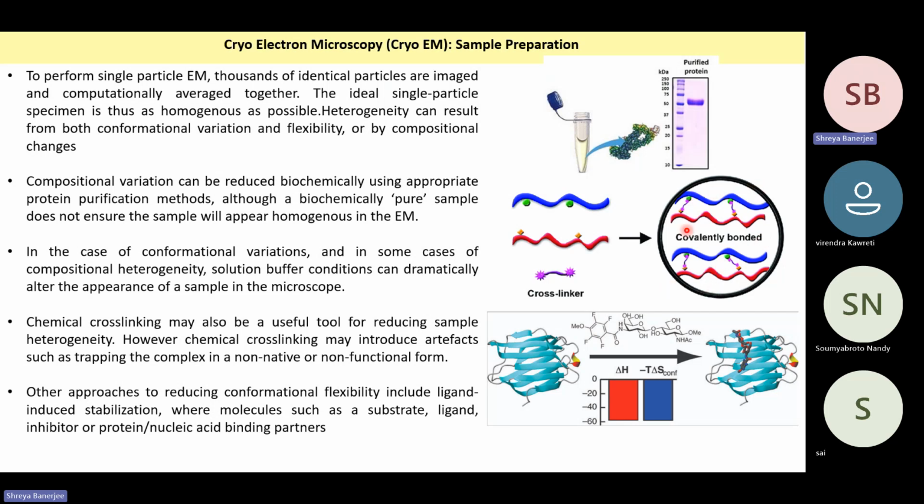So this is bringing a homogeneity in the system. But this can also have some drawbacks. Chemical cross-linking may introduce artifacts such as trapping the complex in non-native or non-functional form. So if by cross-linking you somehow change the structure of this blue or red particle, then that is not ideal because you want the blue and red strand to be in their native conditions.